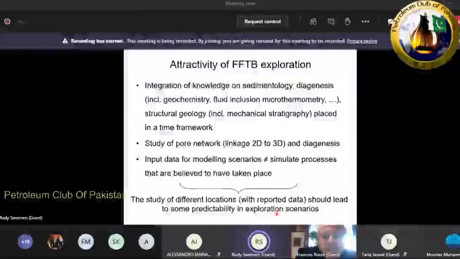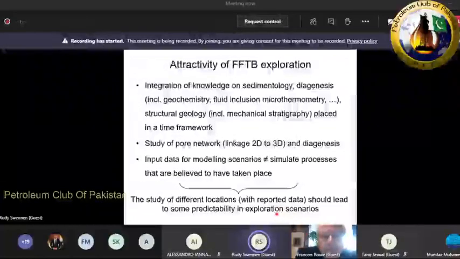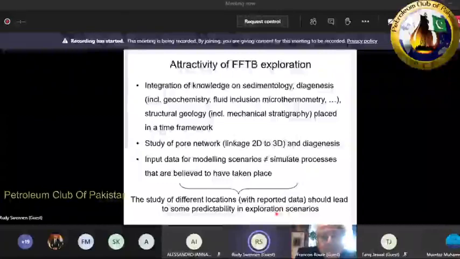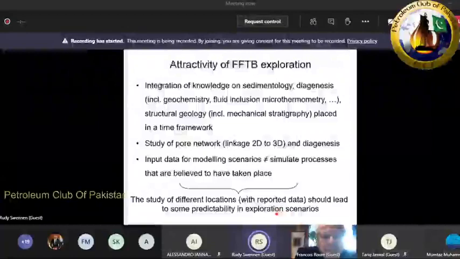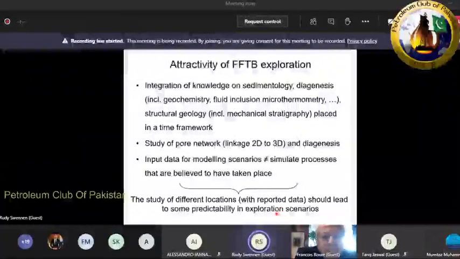These are structurally quite complicated areas, and there was a need to support, I would say, the exploration, where we tried to get an integration of the knowledge on the sedimentology, that's the framework, so to say, the diagenesis, and that's not only the petrography, but also the geochemistry, the fluid inclusion microthermometry, and so on.